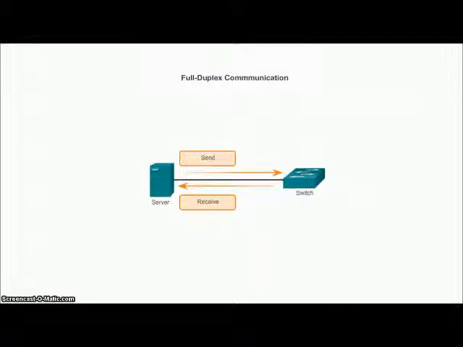And here we have full duplex communication, in which both devices can transmit and receive on the media at the same time. The data link layer assumes that the media is available for transmission for both nodes at any time. Therefore, there is no media arbitration necessary in the data link layer.